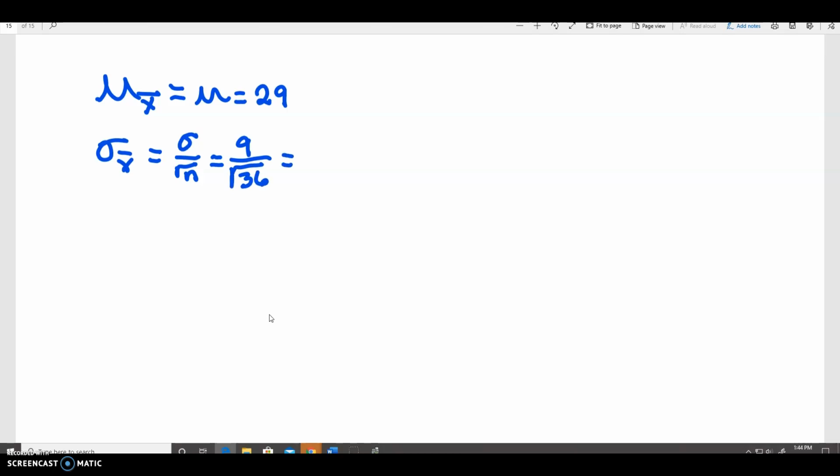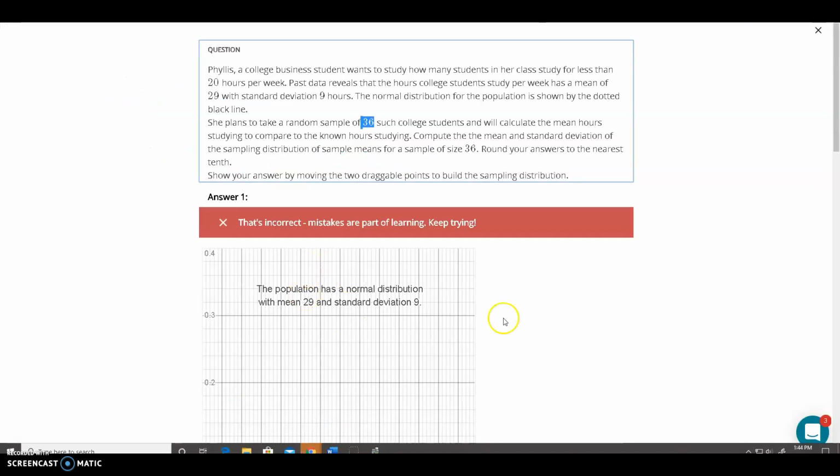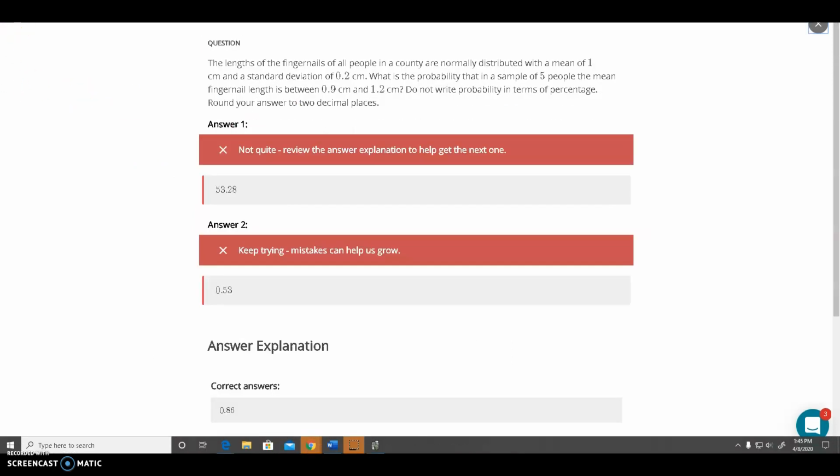The square root of 36 is 6, so this is just 9 over 6, which would be 3 over 2. Rounded to the nearest tenth, this would be 1.5. Then you just go back to the problem and show that on the sliders below. Simple enough. Here's another problem that we have.